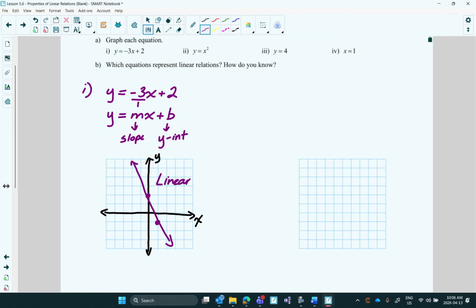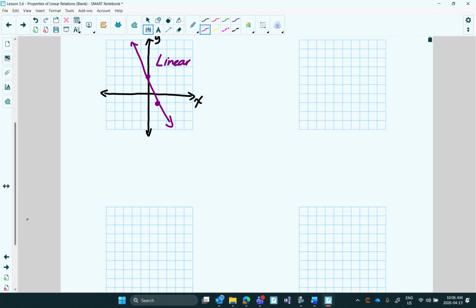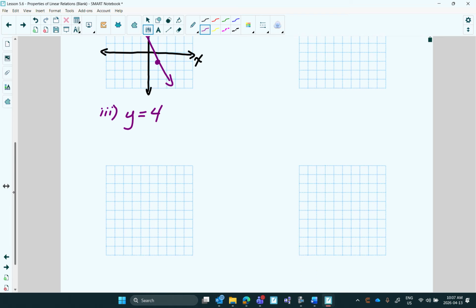I'm going to skip this one for the time being, because that's different than what we've seen before. So we're going to go to 3, y equals 4. Remember how to graph this.